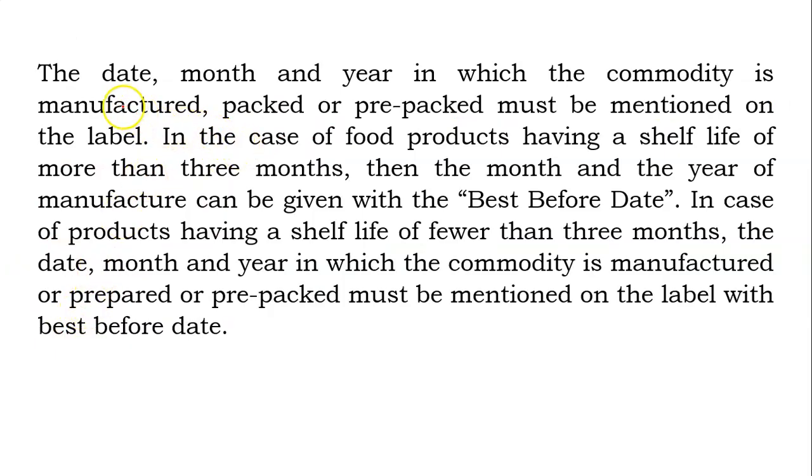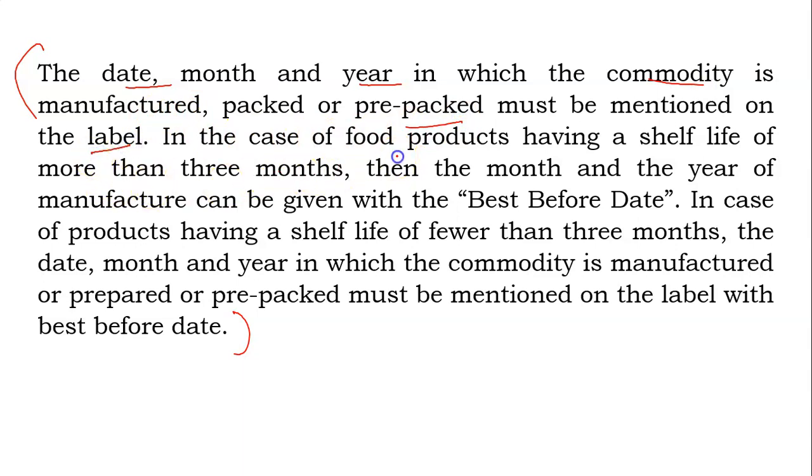The explanation is, according to the rules defined under the Food Safety Act, or by the Food Safety and Standards Authority of India, the date, month and year in which the commodity is manufactured, packed or pre-packed must be mentioned on the label.